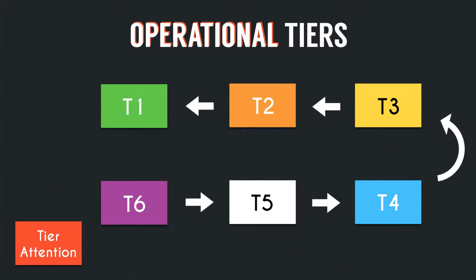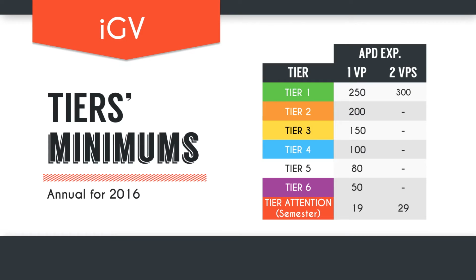So for example, this is about the growth model, all right? So we had the operational tiers from tier 6 to 1 and the tier attention, and then we had goals for each one of these tiers. So these goals were for the year.